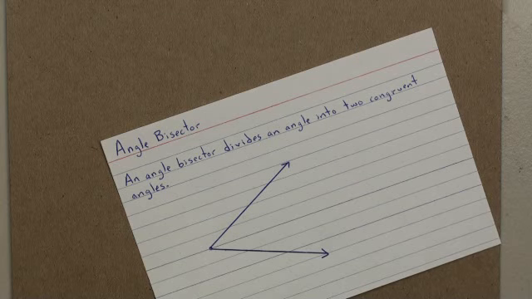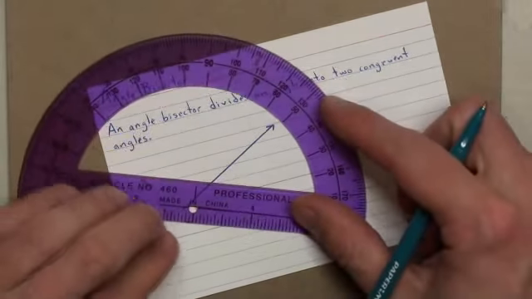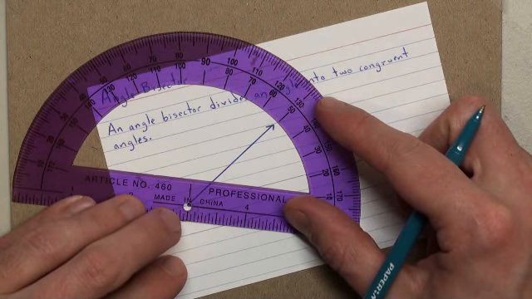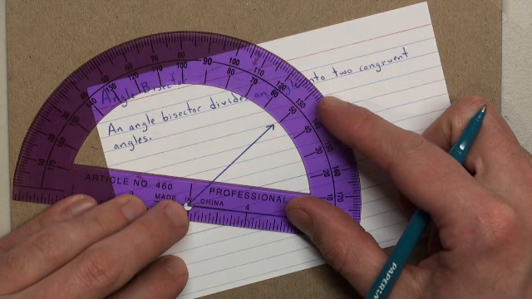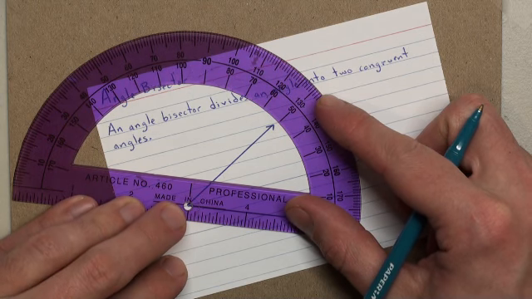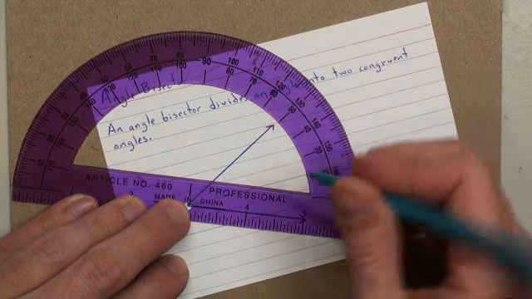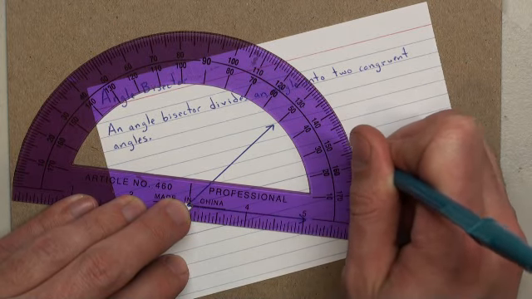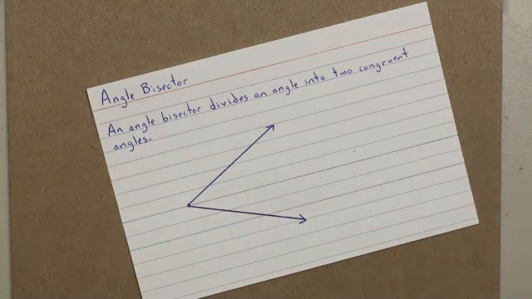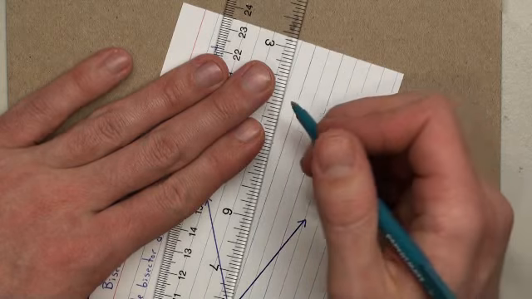Okay, and I want my angle bisector to cut that in half. So this angle turns out to be pretty much 50 degrees. So I'm going to cut it into 25 degrees, which would be directly in half. So that's where my angle bisector goes.